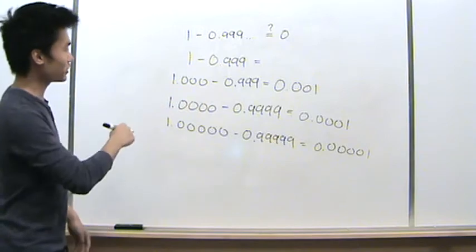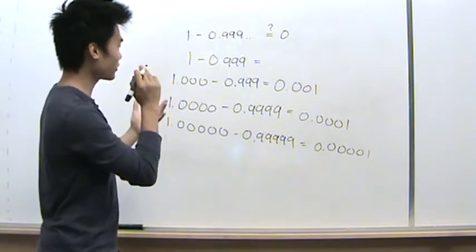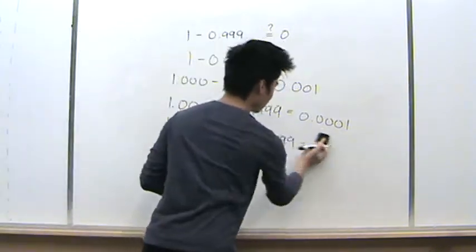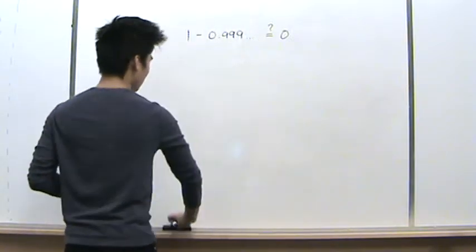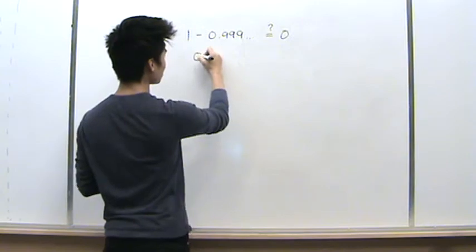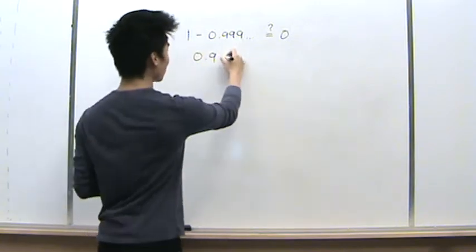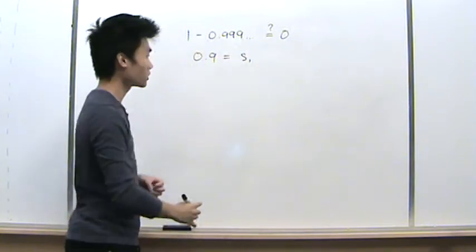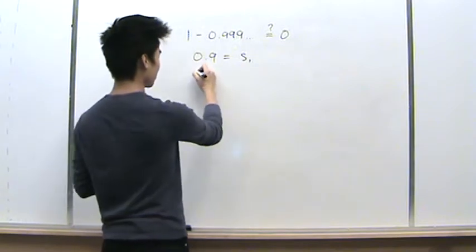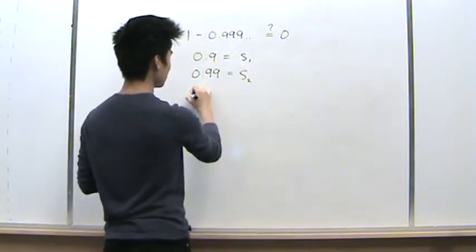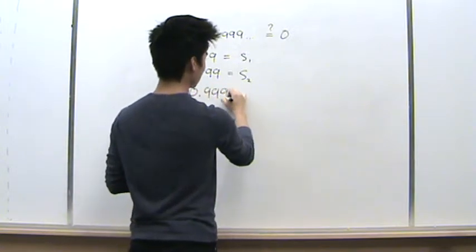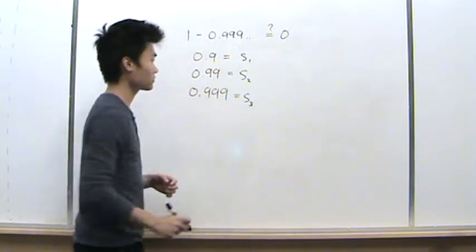And so let's create our own little notation for this problem. Let's say that if I have 0.9, we're going to call that S1. And you'll see the pattern as I go on. Let's say I have 2 9s, let's call this S2. Let's say I have 3 9s, we're going to call that S3.